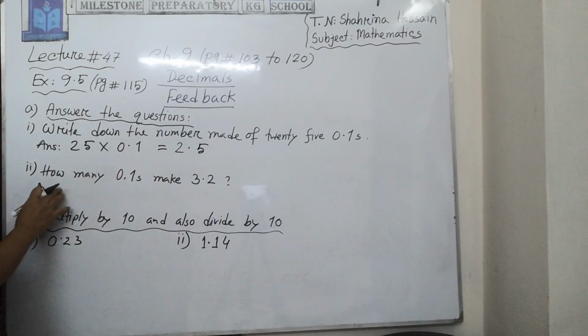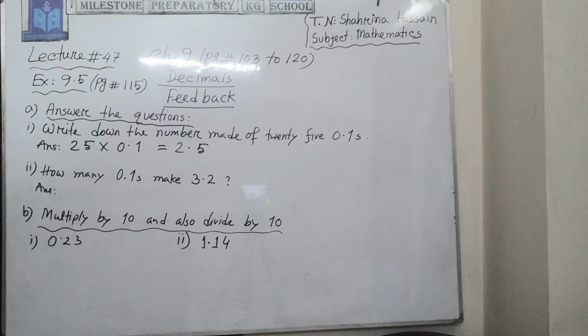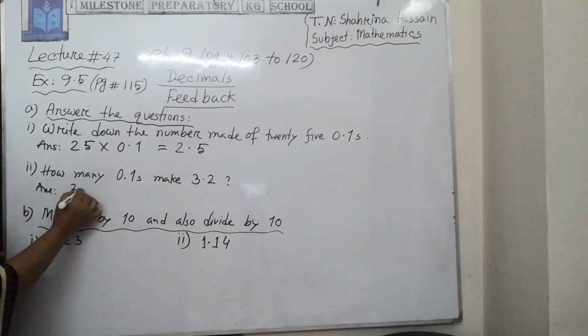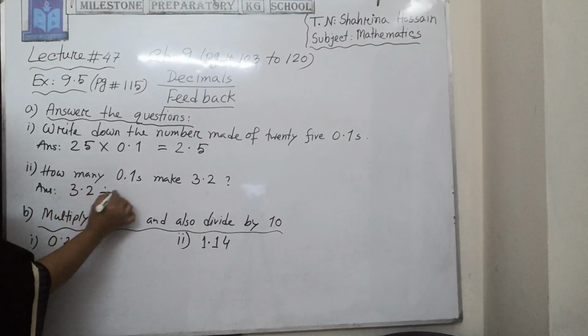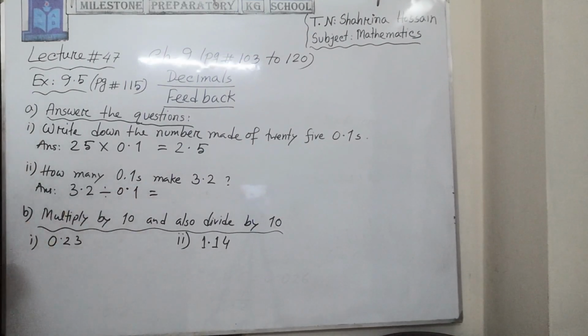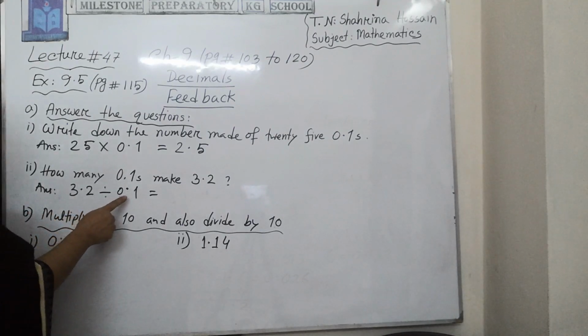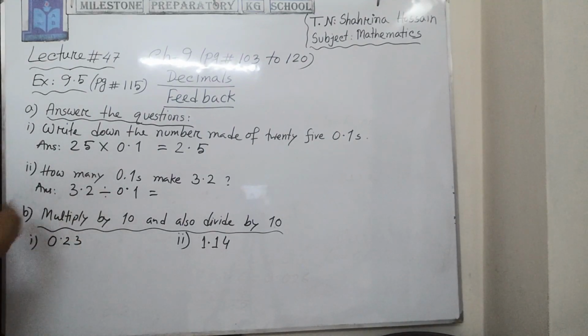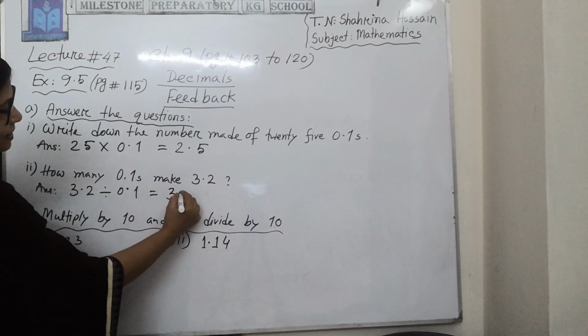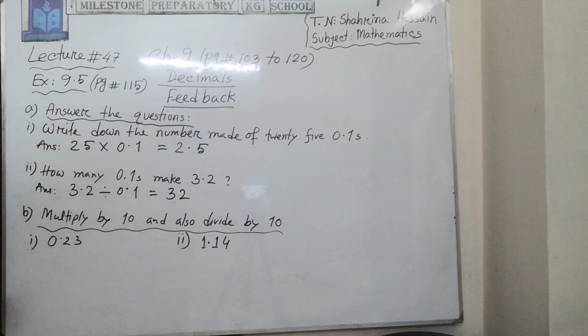Okay. Now how many 0.1s make 3.2? There we will divide 3.2 by 0.1. So when we divide, the point's position goes left. So my answer is 32. By this way we will find the answer.